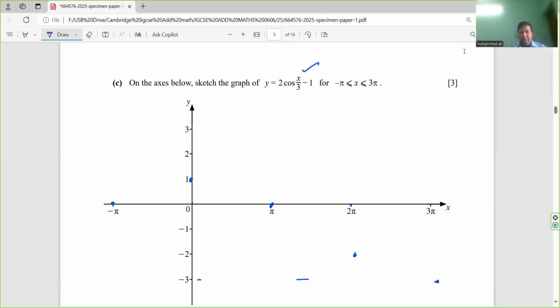Now join these coordinates. So this is the sketch of the graph y equals 2 cos(x/3) minus 1.